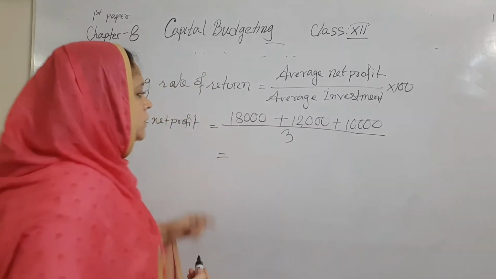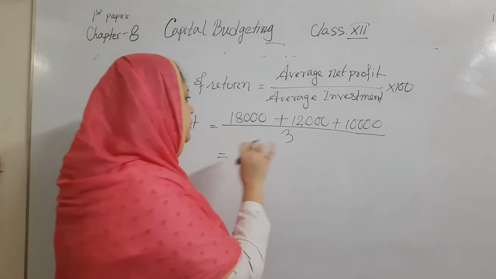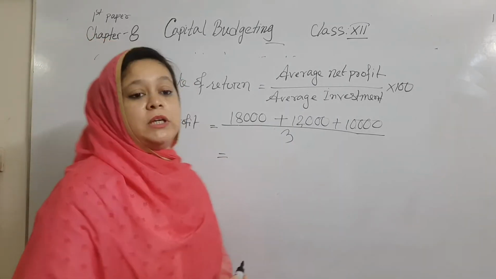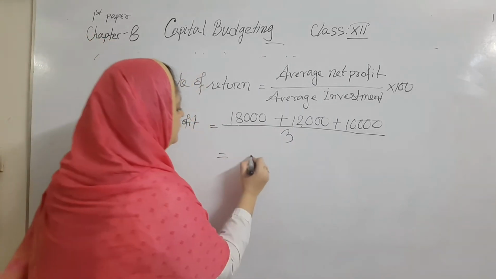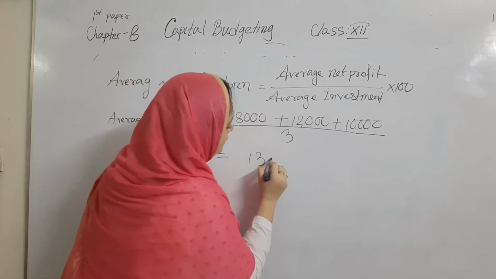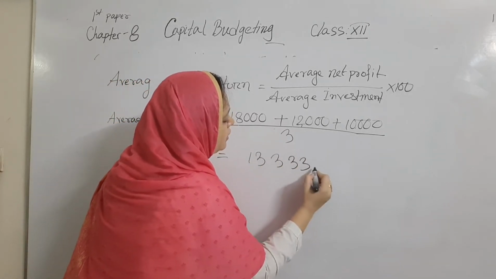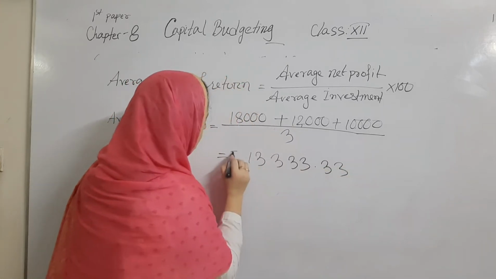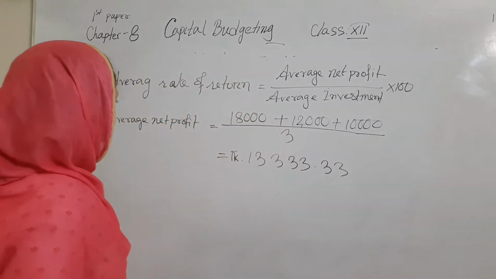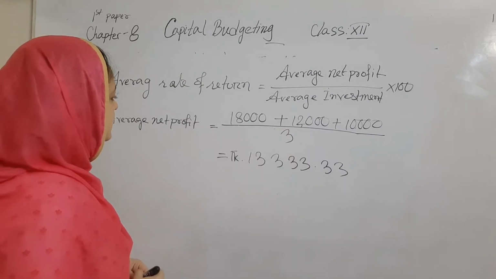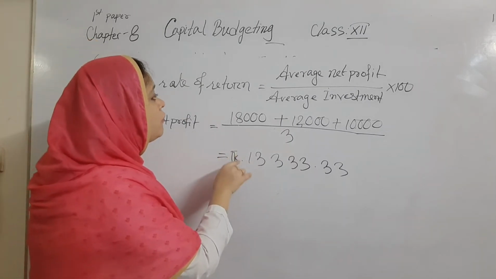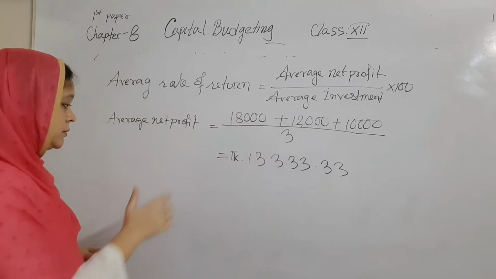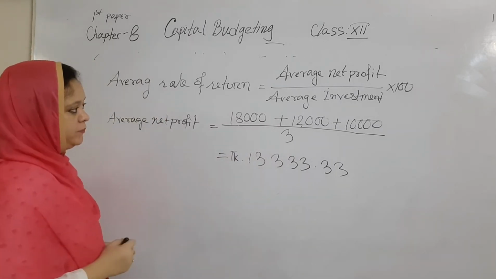The total answer of average net profit is 13,333.33 taka. This is the average net profit of project A of Sara Company.